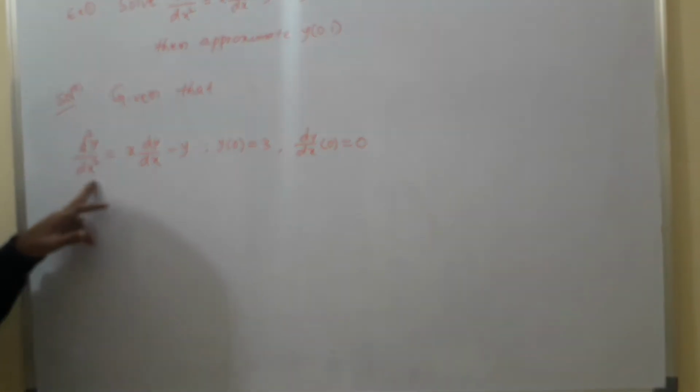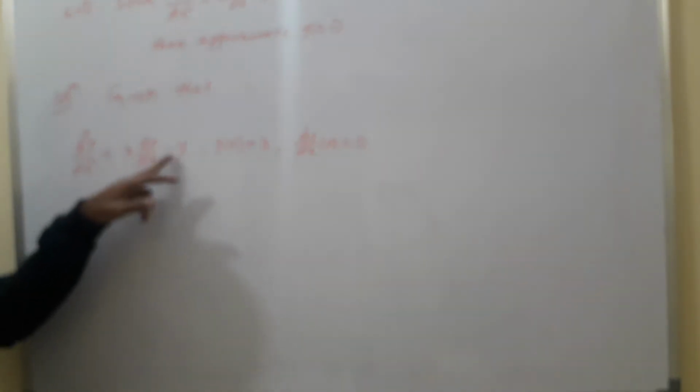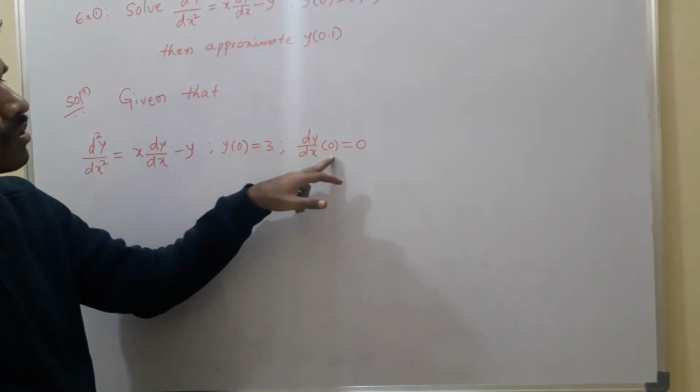Given that d2y by dx square equal to x into dy by dx minus y, y of 0 equal to 3, y dash means dy by dx equal to 0. Call it equation number 1.